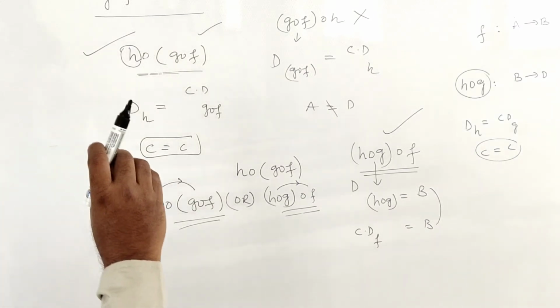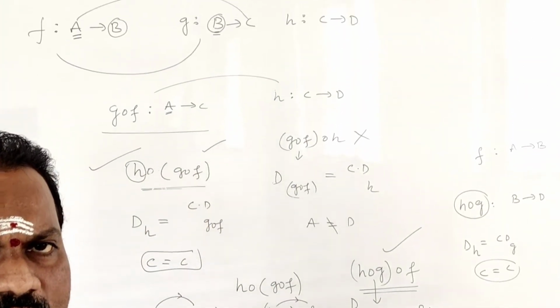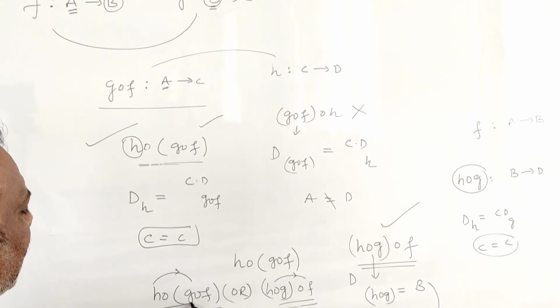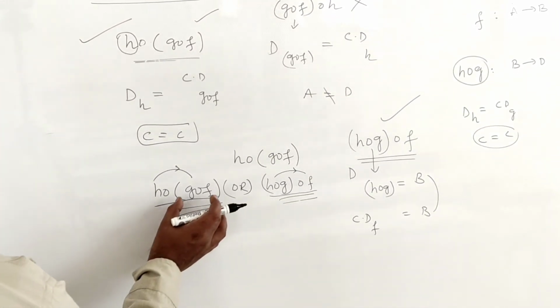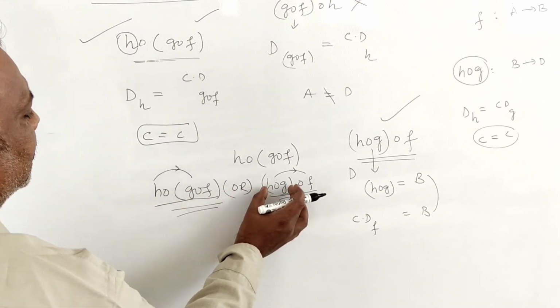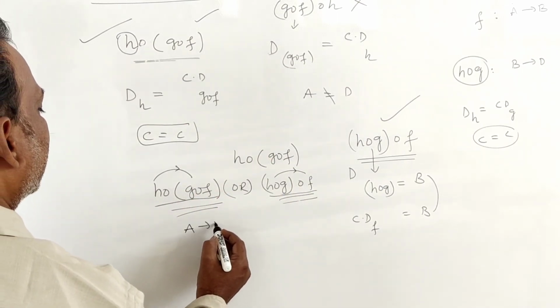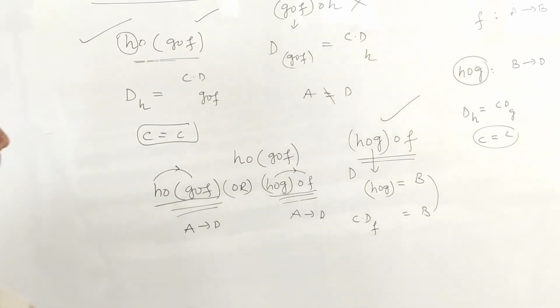F is mapping from A to B, G is mapping from B to C, H is mapping from C to D. There is a composite function possibility: H circle of G circle F, where G circle F is in bracket, and H circle G circle F, where H circle G is in bracket. Both are from A to D only.